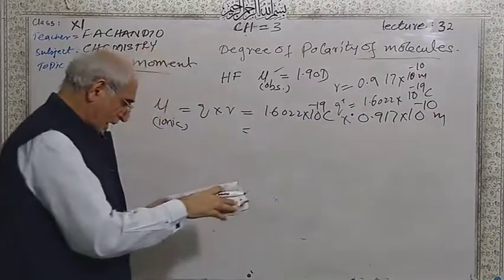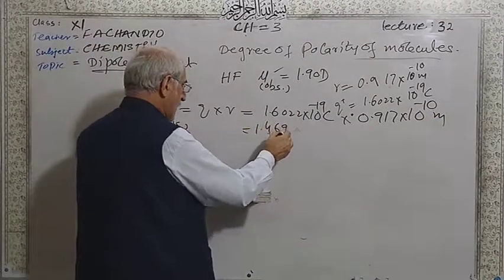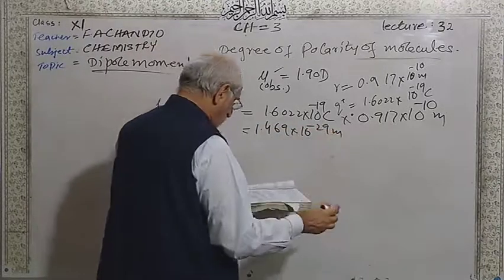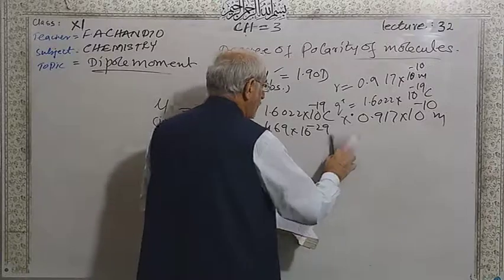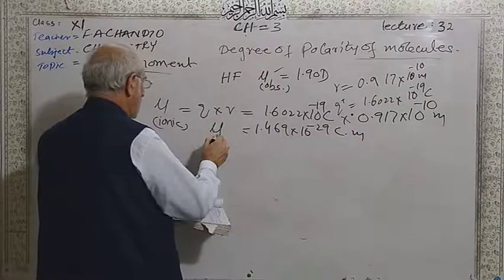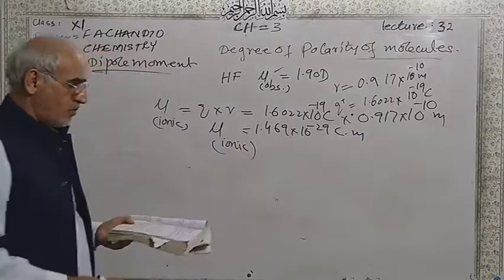So you will get the answer 1.469 into 10 raised to the power minus 29 coulomb meters. This is the ionic dipole.